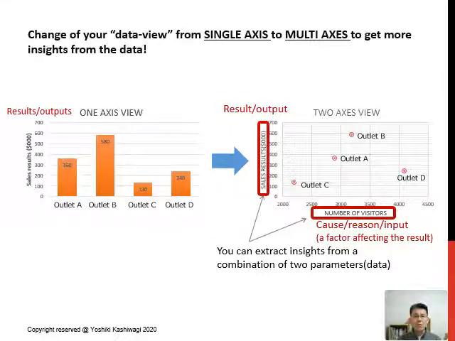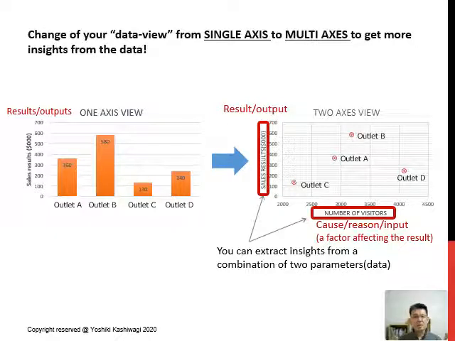Without knowing the causes, you never know how to improve it or how to resolve it. In business settings, what you really need is not just the result, but you need to know what caused the result. So cause identification is very critical.